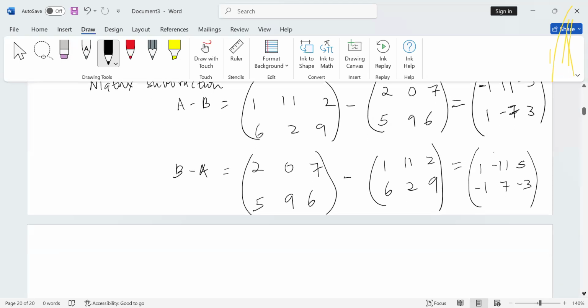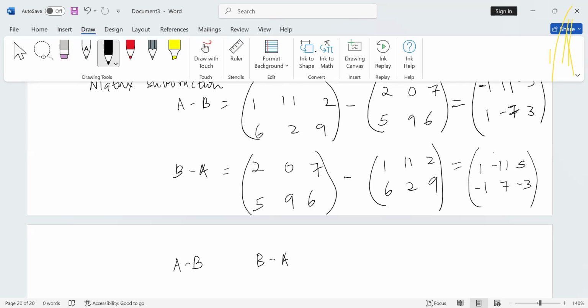What is the relationship between A minus B and B minus A? A minus B is equal to negative B minus A. So that is true.